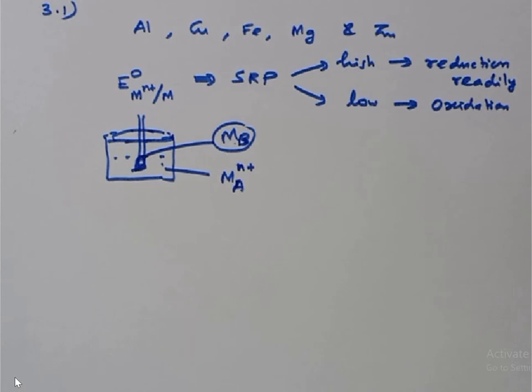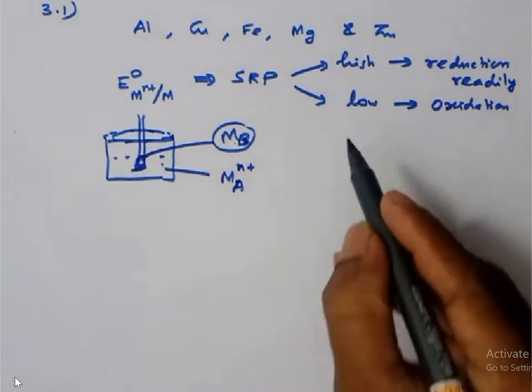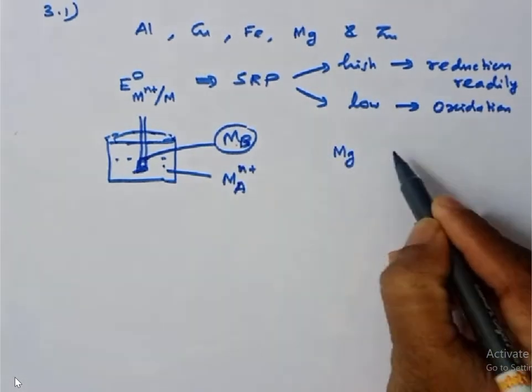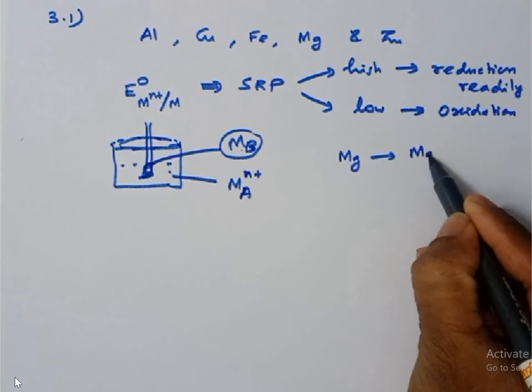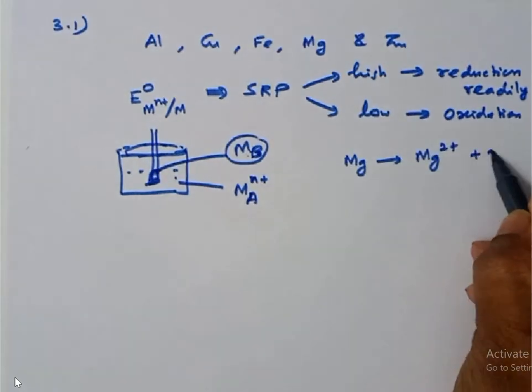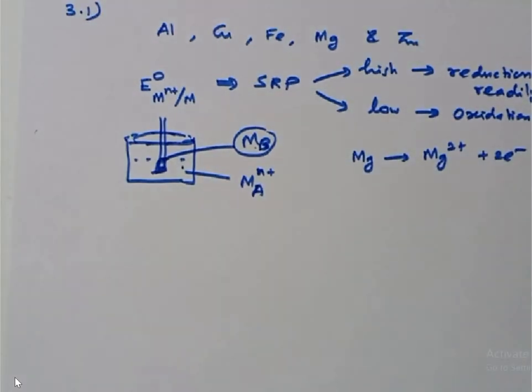Electrochemistry. Sir, how does Mg undergo oxidation? Why, ma'am? It is an alkaline earth metal, no? It will undergo oxidation, forming Mg2+ plus 2 electrons. All metals undergo oxidation readily, but now the question is, among the 5, we have to arrange these 5 metals in increasing order of their tendency to undergo oxidation.